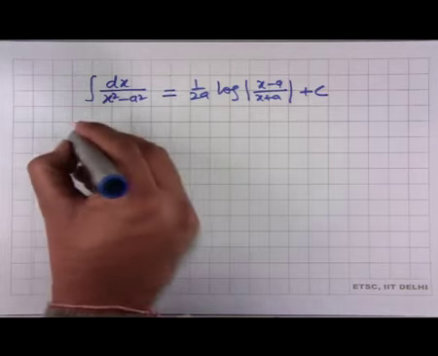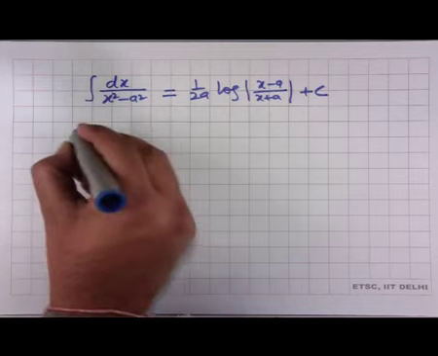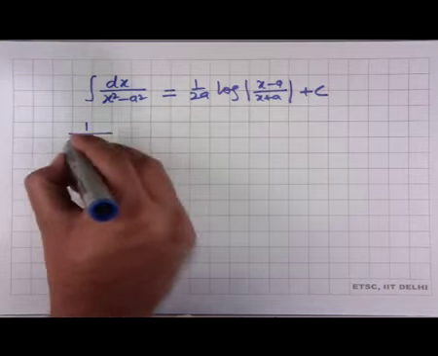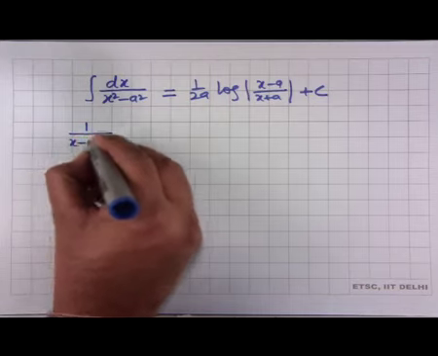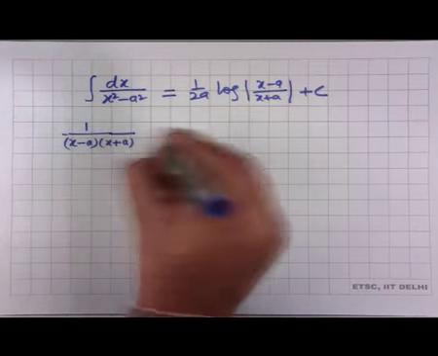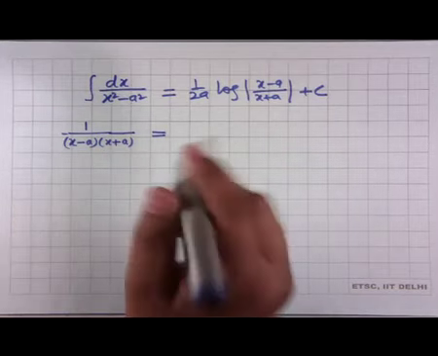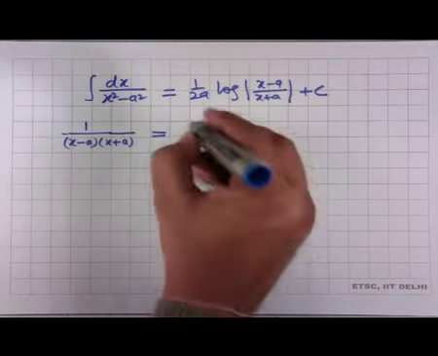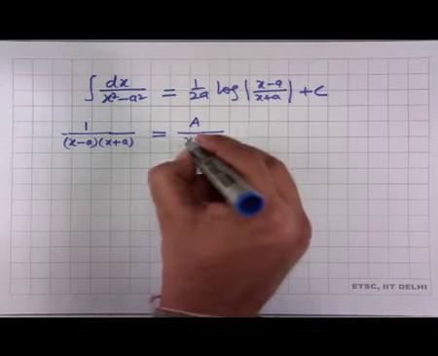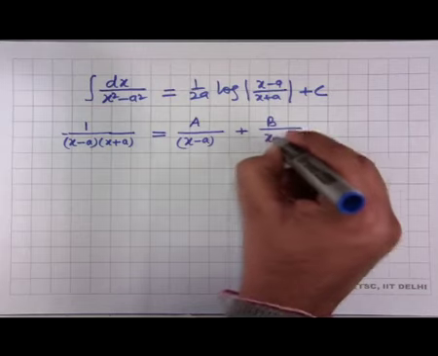We can see that the denominator function here can be factorized into (x minus a) into (x plus a). So, the partial fraction of this rational function is noted down as A upon x minus a plus B upon x plus a.